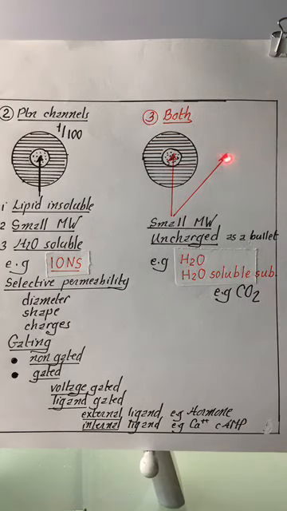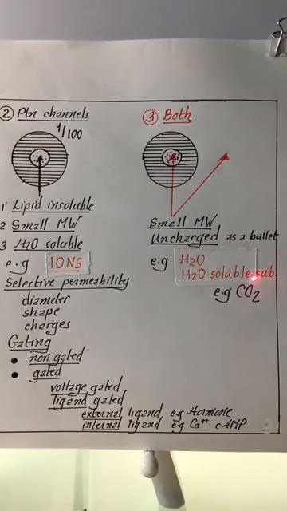They cross the lipid substance depending on their high kinetic energy as bullets. So they must be uncharged. And the example here is water and water soluble substance, for example carbon dioxide.